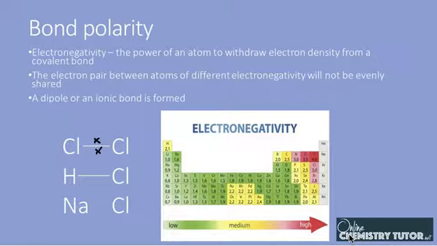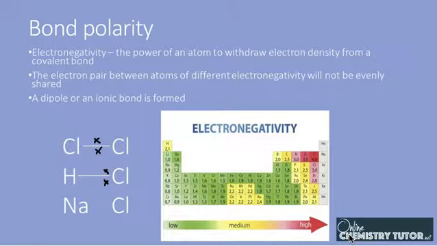You can think of the shared pair as being a sort of tug of war, and both atoms have equal pull on that shared pair. So they won't be on average closer to one atom than the other. But in the case of hydrogen and chlorine, hydrogen's electronegativity is 2.1 and chlorine's is 3.0, which means that chlorine's electronegativity is greater, and the electron pair will be held closer to chlorine than to hydrogen.